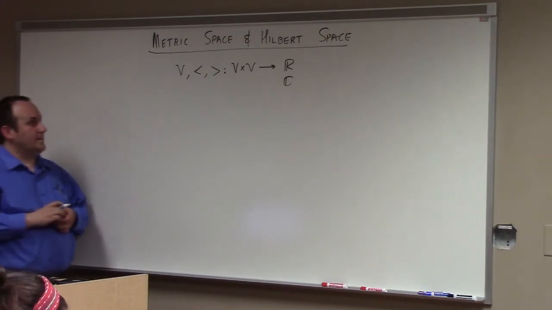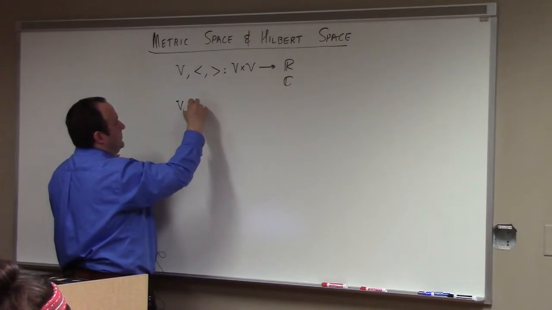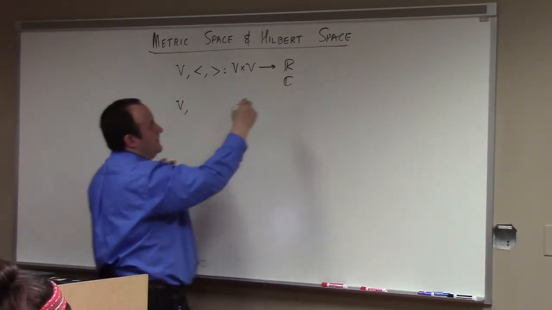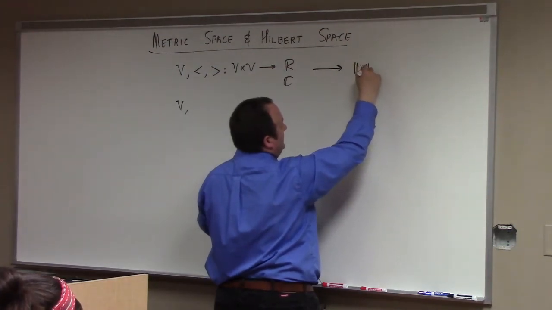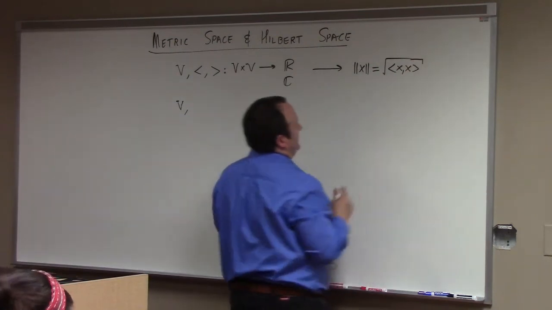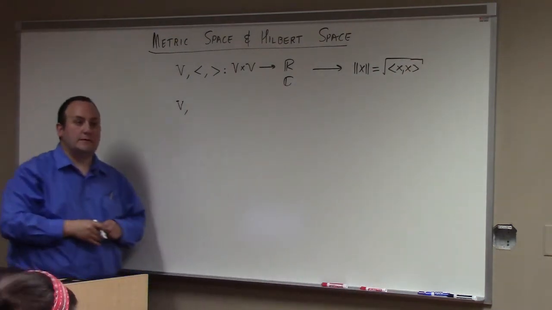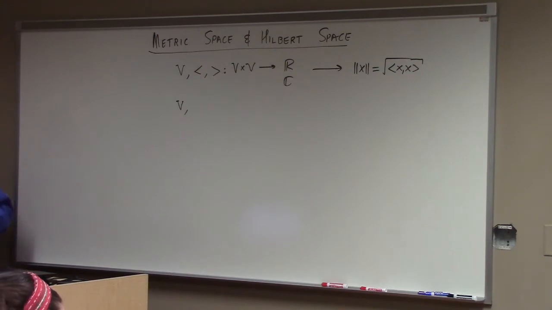And then we said that you can use this to define the norm of x to be the square root of <x, x>. So we said, given an inner product space, we can induce a norm, right?